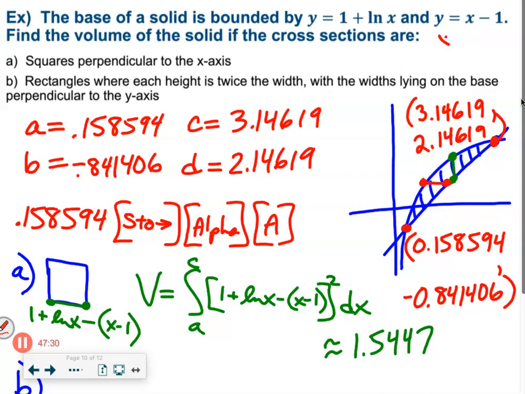This one's easy. X equals y plus 1. See, I did that one for you, right? Yeah, you're welcome. Okay, so for this one, I'll even get you started. Y minus 1 equals ln x. I give you 10 seconds to talk in your groups and figure out what x equals.